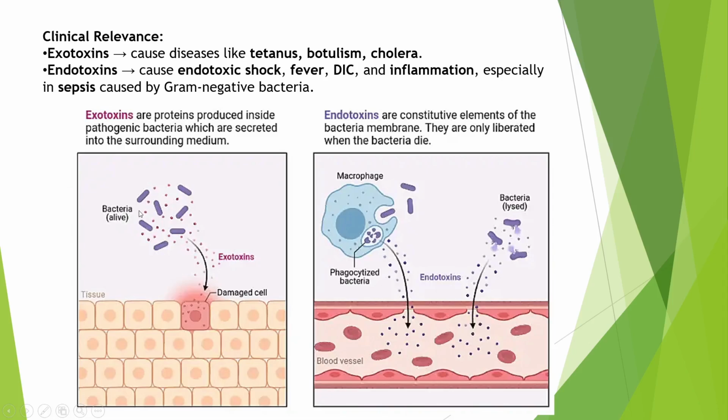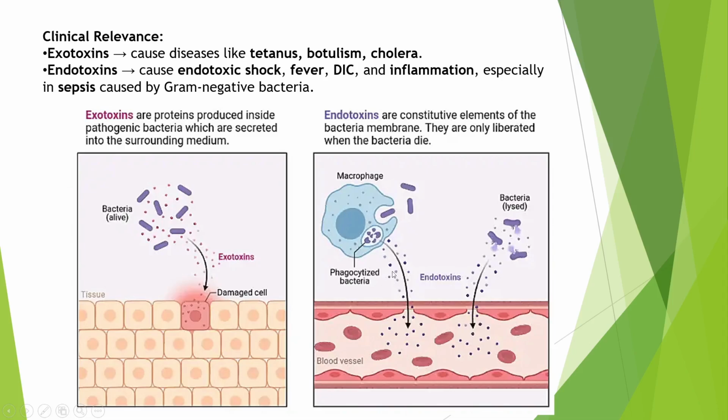You can see the alive bacteria here, which continuously produces, releases, secretes the exotoxins. The exotoxins then go and attack the target cells specifically and damage them. Endotoxins are released either by the natural death of the bacteria or when it is phagocytosed by the macrophages or any phagocytic cell and it is lysed.